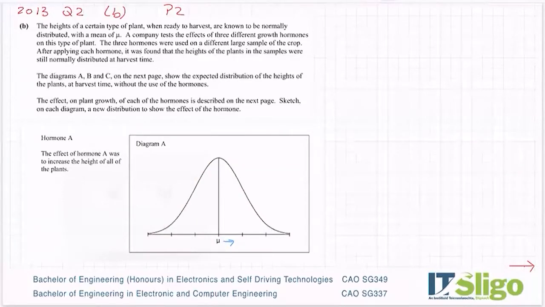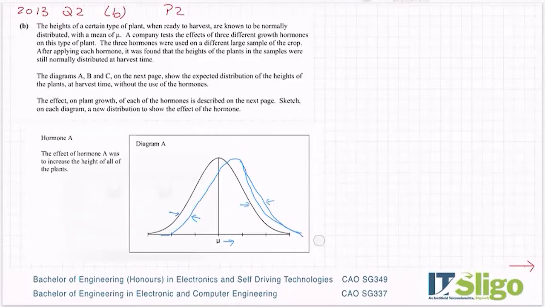So what will that do? Well, if anybody knows me, they know I can't draw. It'll just have the effect of shifting that curve by a uniform amount up. So try and keep the width the same all the way up.